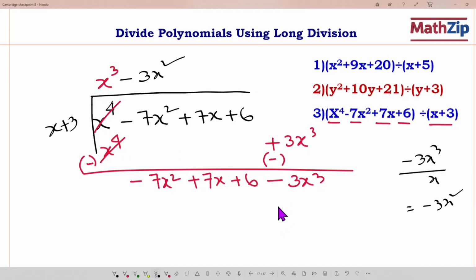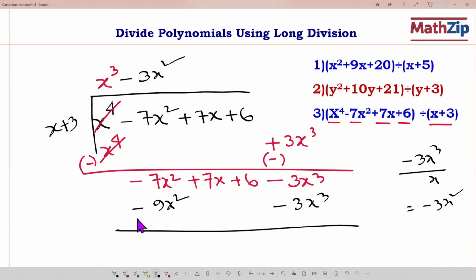Then it will be minus 3x cube, and with 3, once we multiply, it will become 9x square. So minus 9x square. So once we subtract, here is plus, here is plus. So minus 3x cube plus 3x cube out. Minus 7x square and plus 9x square, it will be 2x square, and here is plus 7x plus 6.